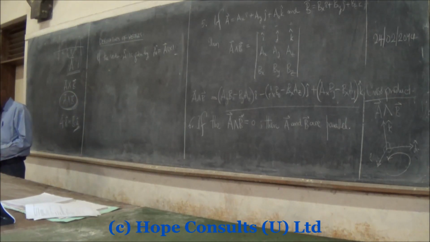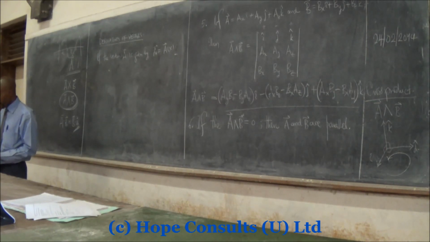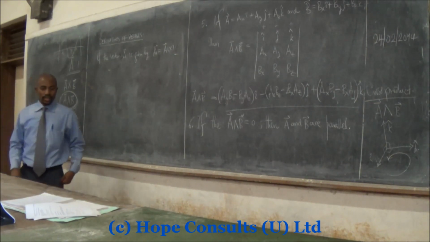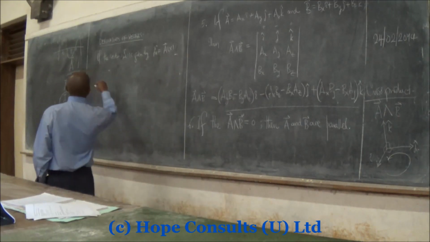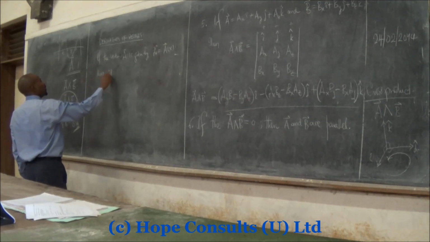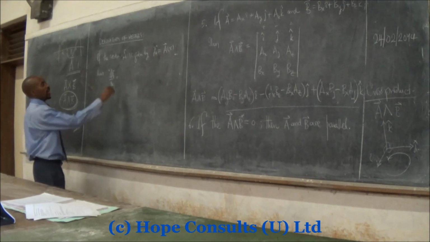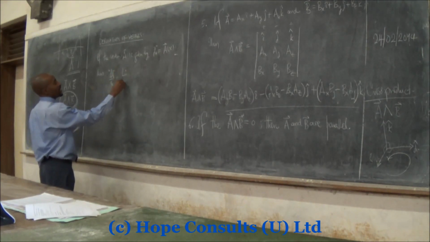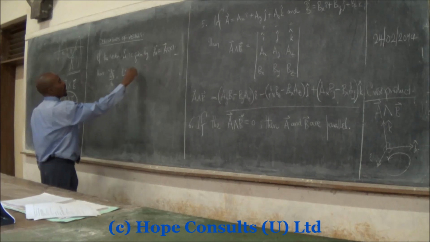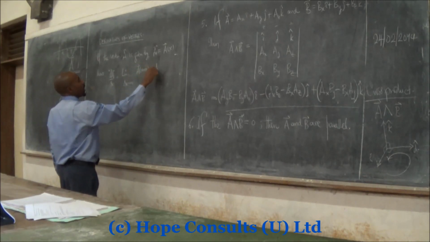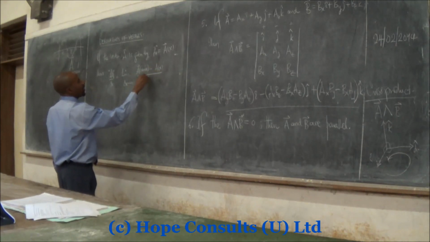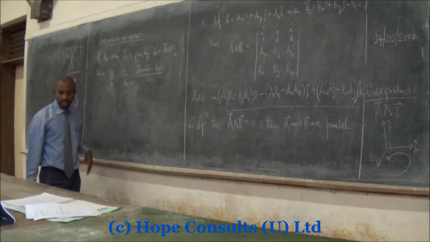Who remembers the definition of differentiation from calculus class 1? What would be dA/dx? dA/dx would equal the limit as dx tends to 0 of A(x + dx) minus A(x) over dx.